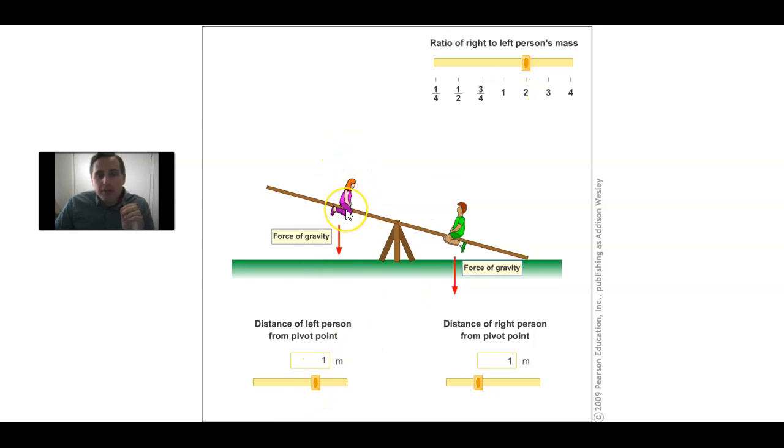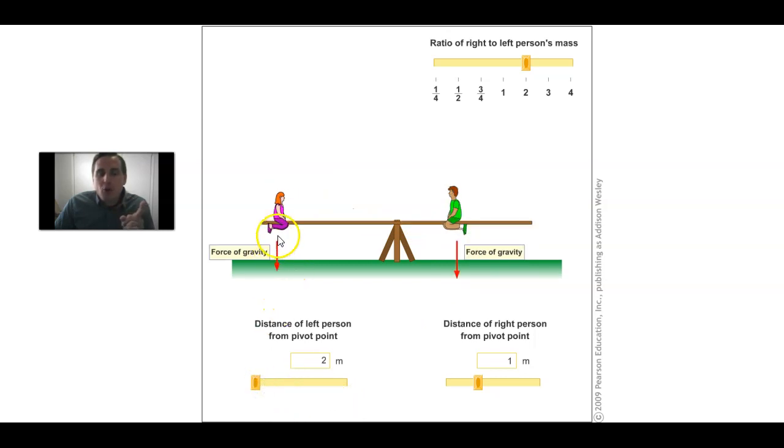Now, if we put this person 1.5 meters away from the fulcrum, that's not enough because the force is twice as much. We need them to be twice as far away. So if you have this person twice as far away, twice the radius, twice the lever arm. And why the lever arm? Because their forces, that is their weights, are exactly perpendicular to their radii.